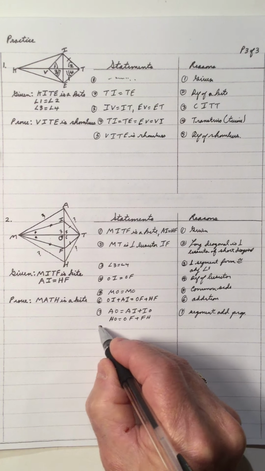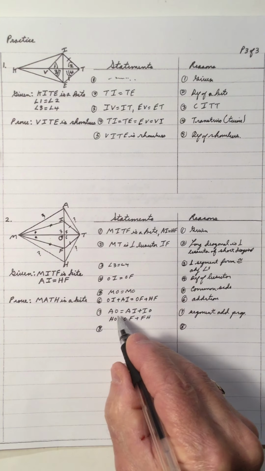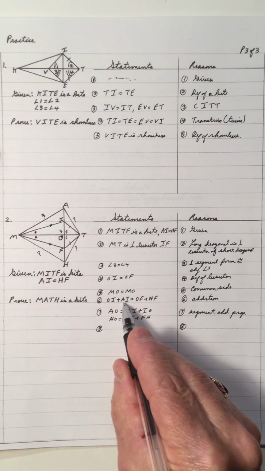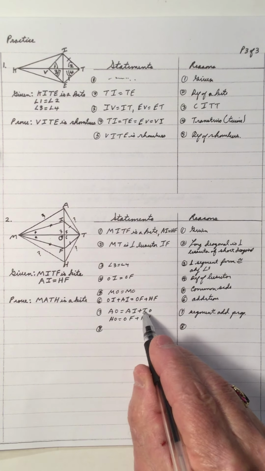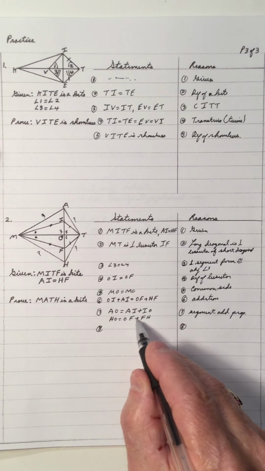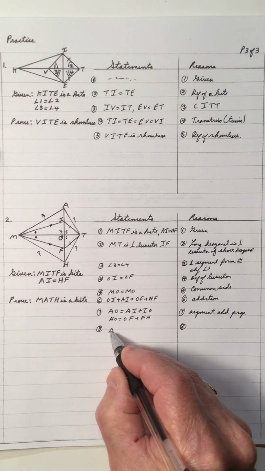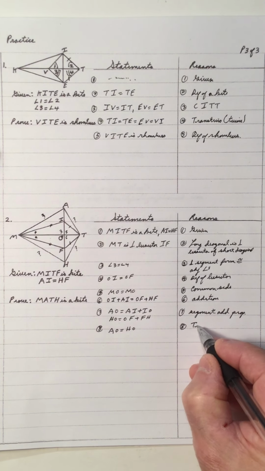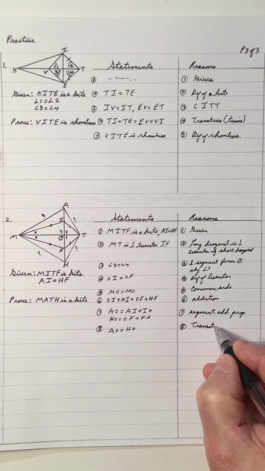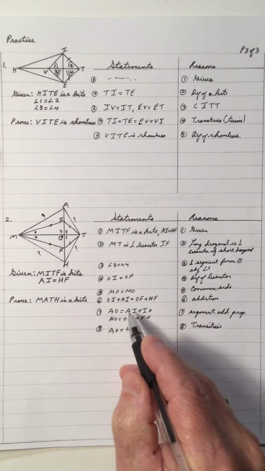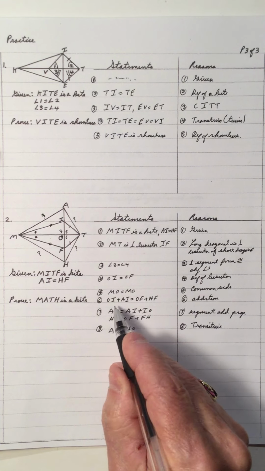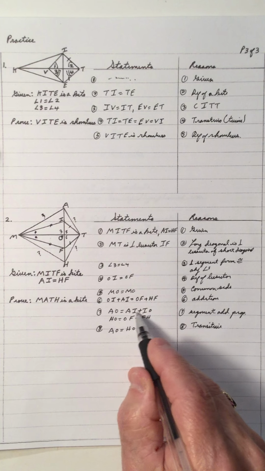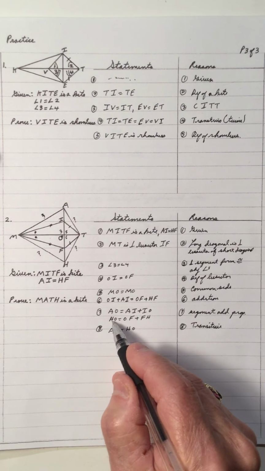And hence, AI and OI are right here, OF and HF are right here, so that means AO equals HO by transitive. Those two are equal and those two are equal, so AO equals HO.